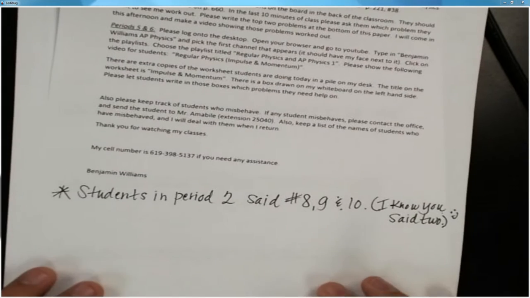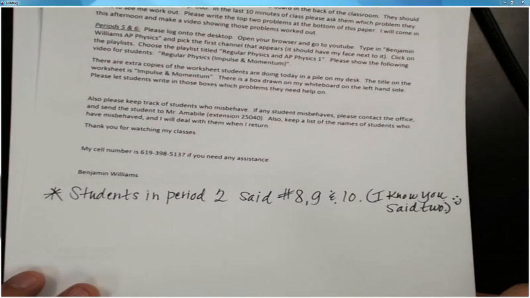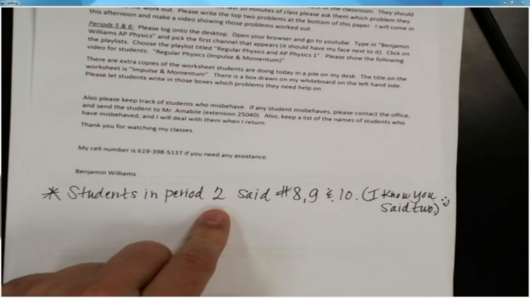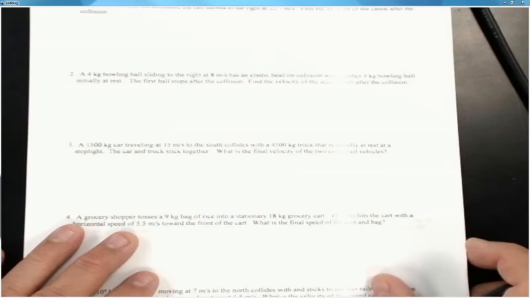Here's the note from Mr. Knight. Oh, that's period 2. This is for 5th and 6th period, regular physics class today. What's written on the board is from conservation of momentum.